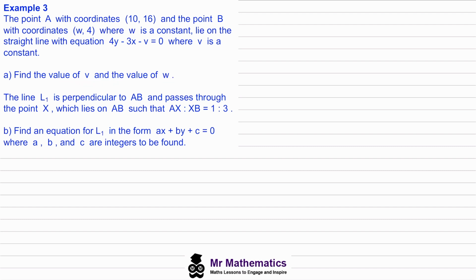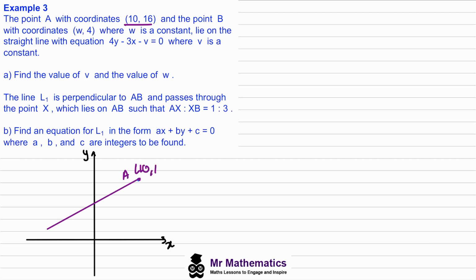For part A, we've been asked to work out the value of v and the value of w. So the first thing I'm going to do is sketch the line segment AB. We've been told that point A is at coordinates (10, 16), and point B is at coordinates (w, 4), and that A and B lie on this equation.